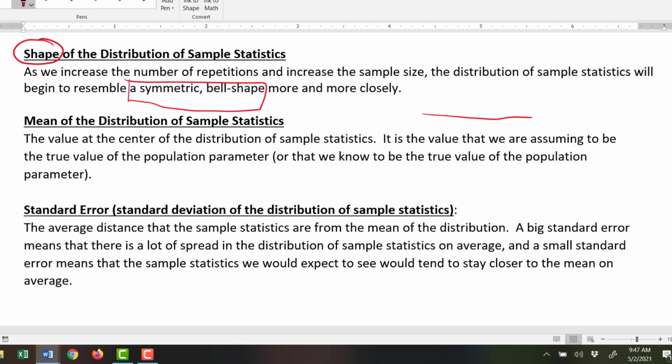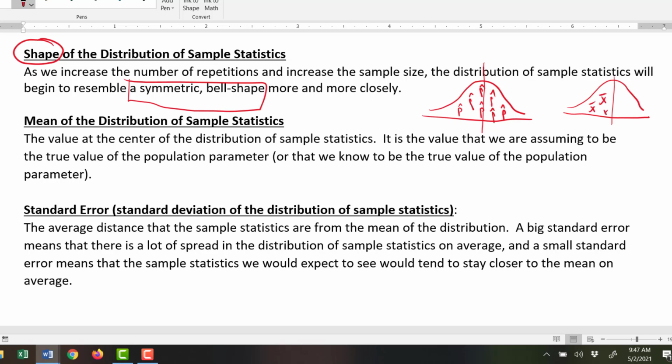It'll have this shape to it. This is true for your distributions of p-hats, and it's true for your distributions of x-bars. It's true for all distributions of sample statistics. They will have this bell shape to them. They will be symmetric, meaning if you draw a line right down the middle, you'll have about equal quantity of p-hats on the left side and on the right side.